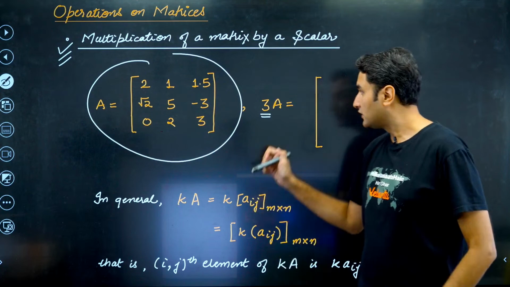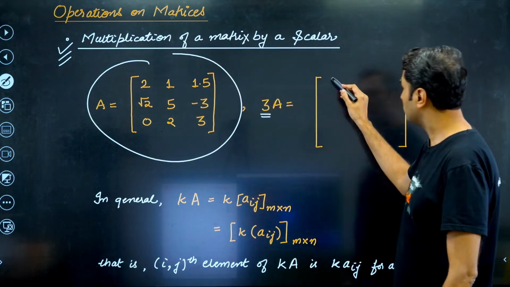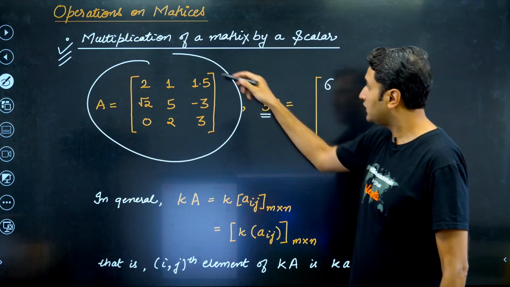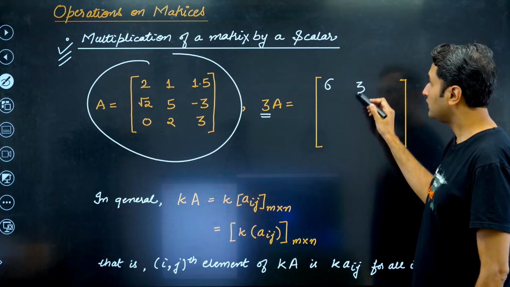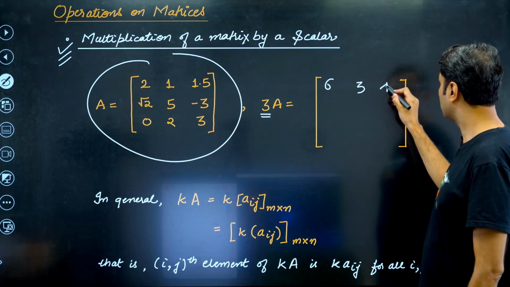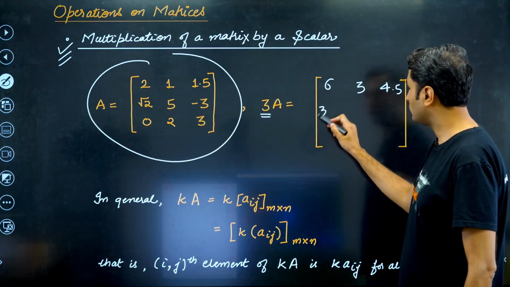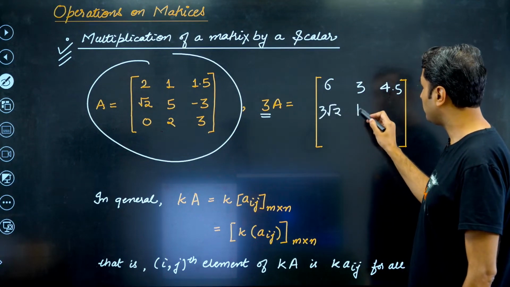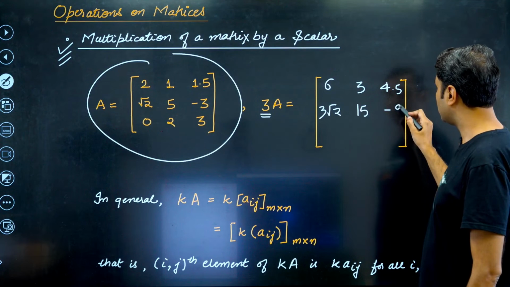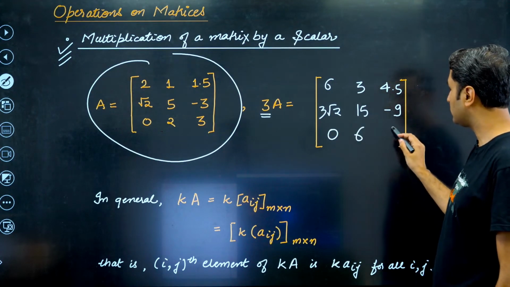Can we do that? So the resulting matrix will be 3 into 2, 6; 3 into 1, 3; 3 into 1.5, 4.5; 3 into root 2, 3 root 2; 3 into 5, 15; 3 into minus 3, minus 9; 3 into 0, 0; 3 into 3, 9.